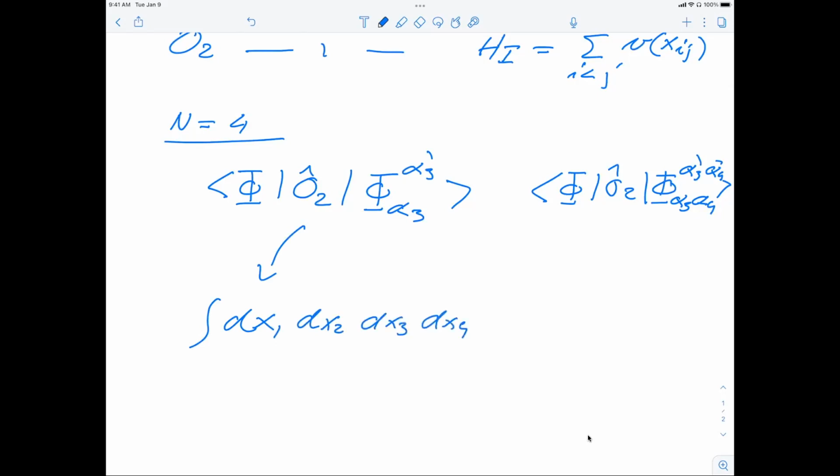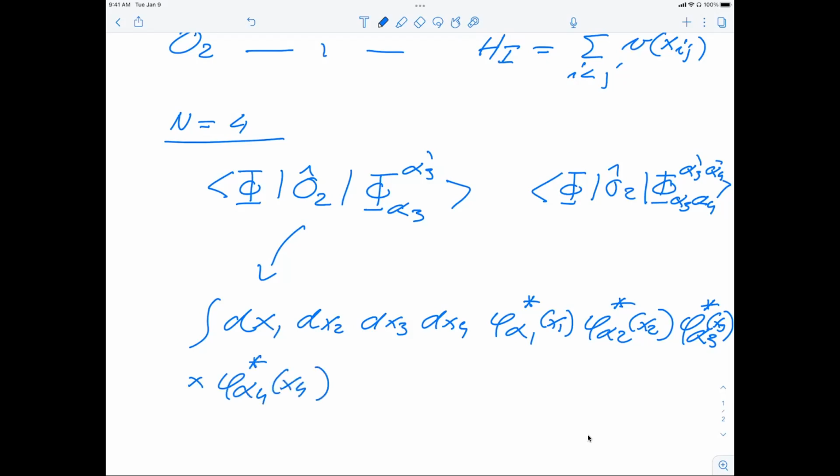And then we had a single particle wave function alpha 1 for x1, alpha 2 of x2, alpha 3 complex conjugate of x3, multiplied with an alpha 4 of x4 here. And then we have the matrix elements, which we have now to plug in.